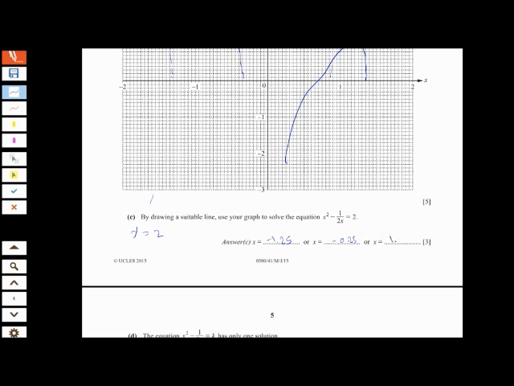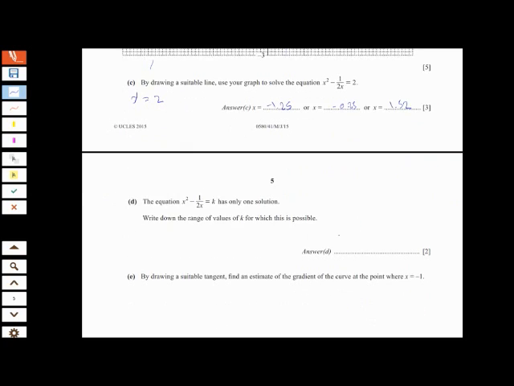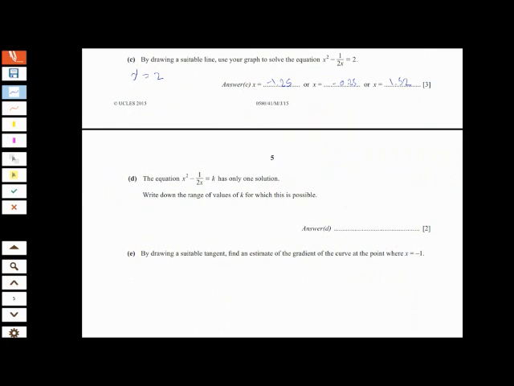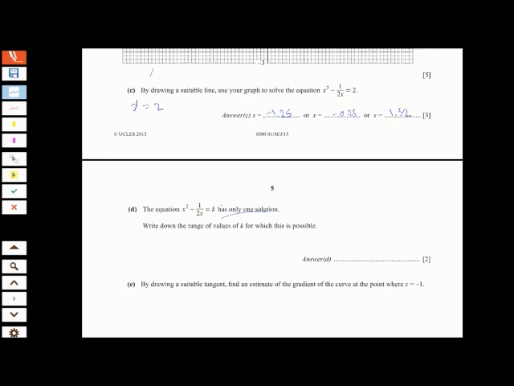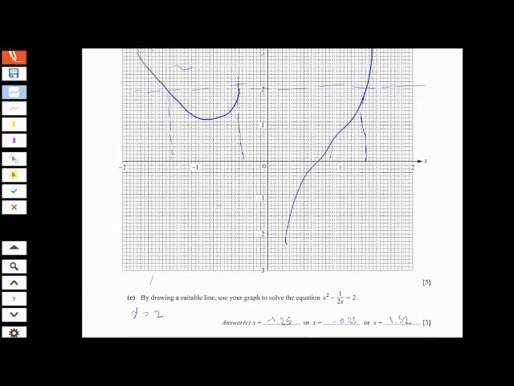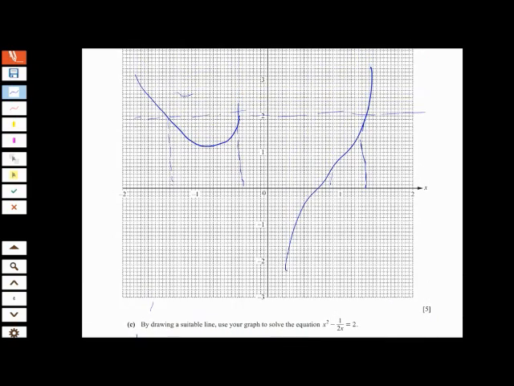Alright. And now D, the equation x squared minus 1 over 2x equals k has only one solution. Now pay attention to this, only one solution. That's the key to this question. Write down the range of values of k for which this is possible. So you go back to the graph. If you draw a line here, you get 2 solutions.